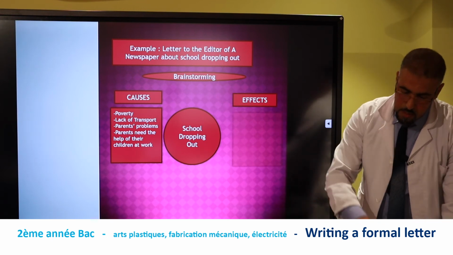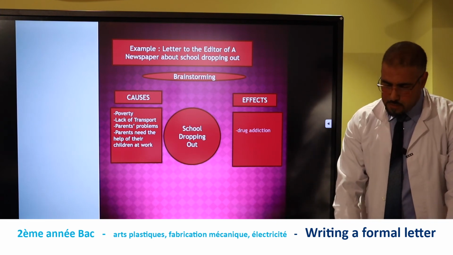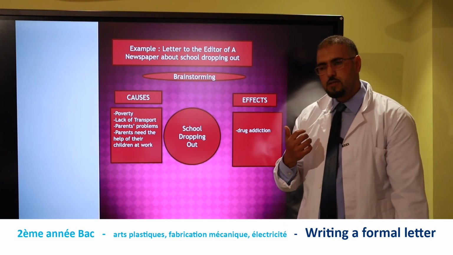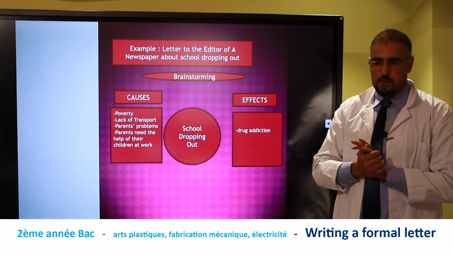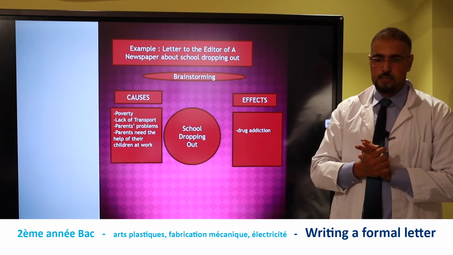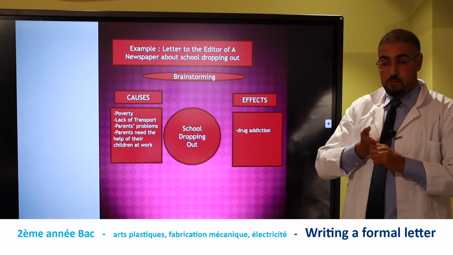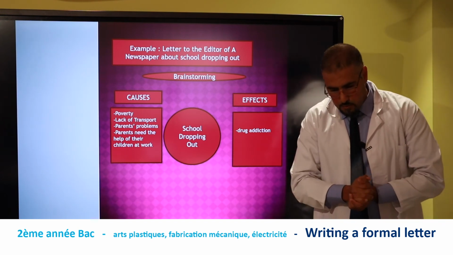Yes. Now, these causes, of course, have what? Effects. And the first effect is drug addiction, or we can call it delinquency. Drug or alcohol or crime, etc. So this leads to delinquency.